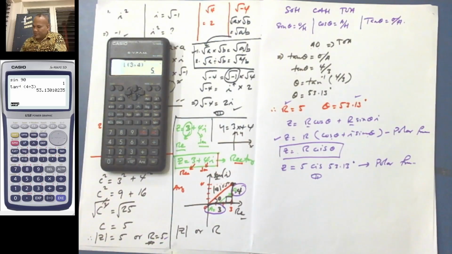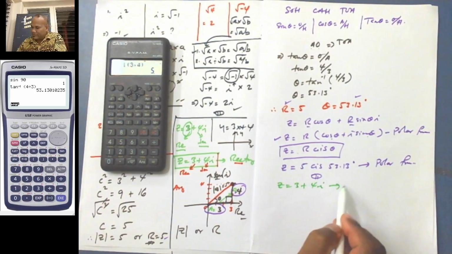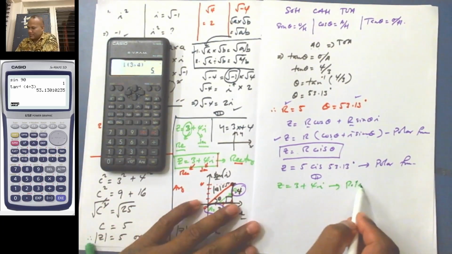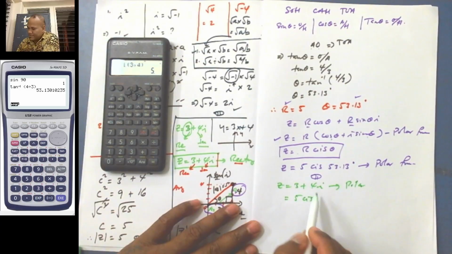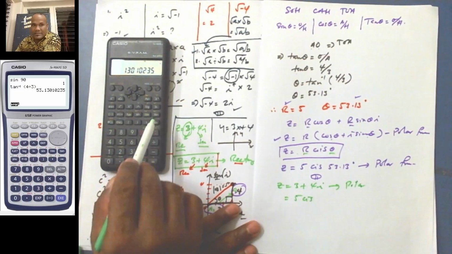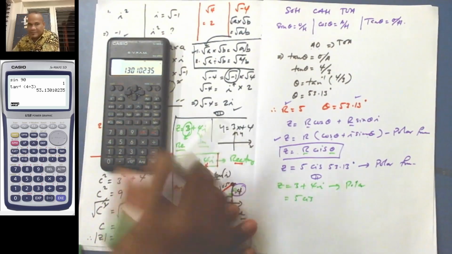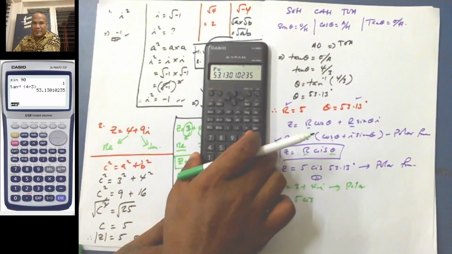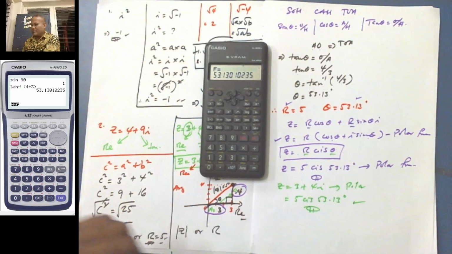So if you want to convert Z is equals to 3 plus 4i into polar, you press this in the calculator, your R is 5, and R cis theta, you want to find your theta, press recall and tangent. So this is 53.13 degrees. This is your answer in polar form.